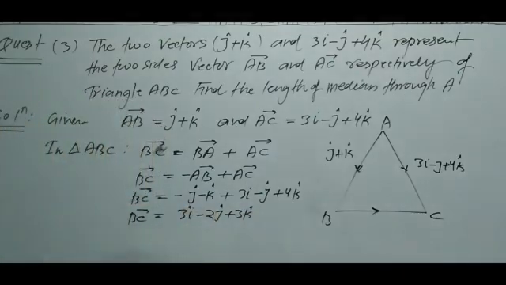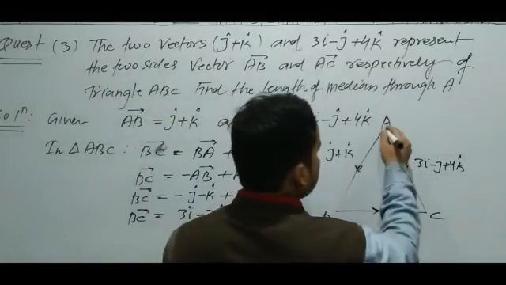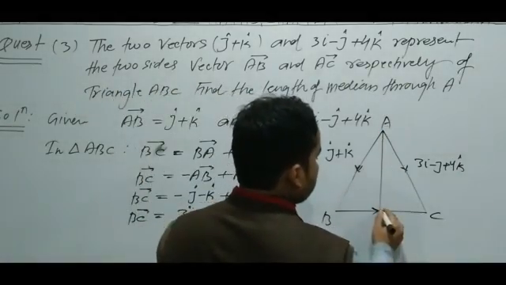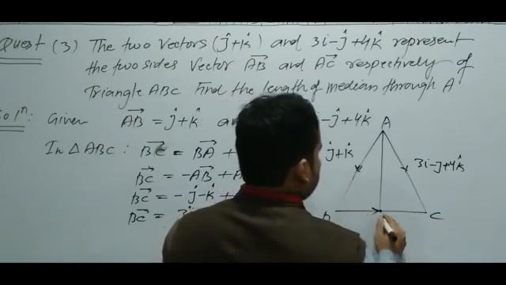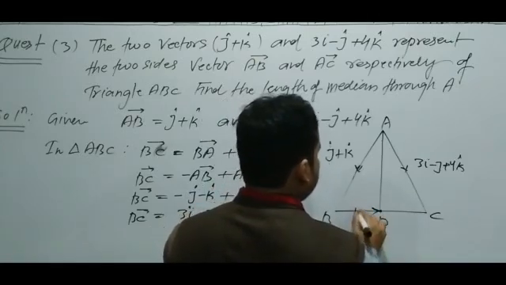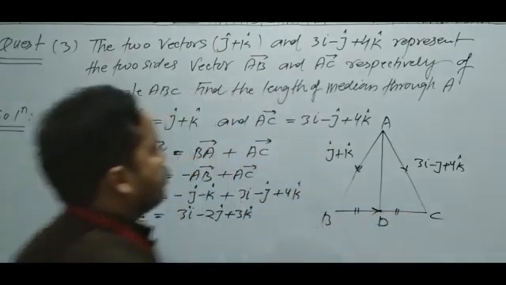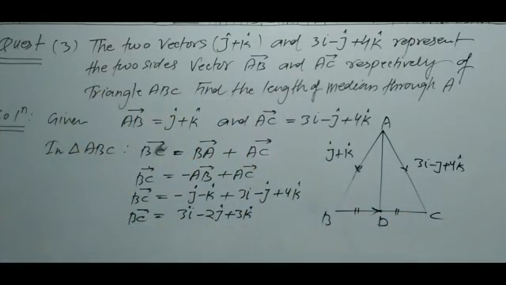Now see, this is the vector BC. Now what can we write for the BD vector? When you draw the perpendicular from A to BC, consider this is point D, so BD will be equal to DC.